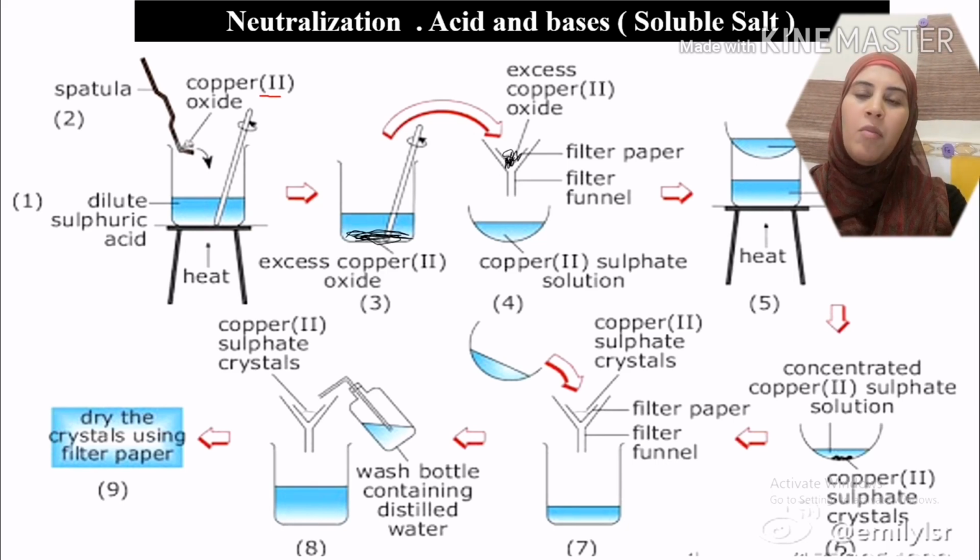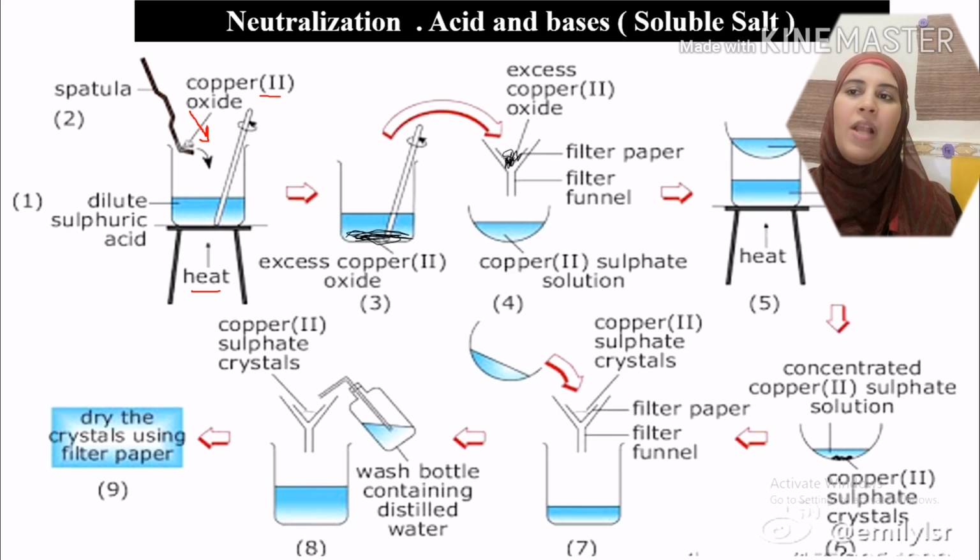At first, we must warm our reaction. We will start heating our reaction. We will add copper oxide by using a spatula and stir. Add and stir. We must continue adding and stirring till we have a precipitate.